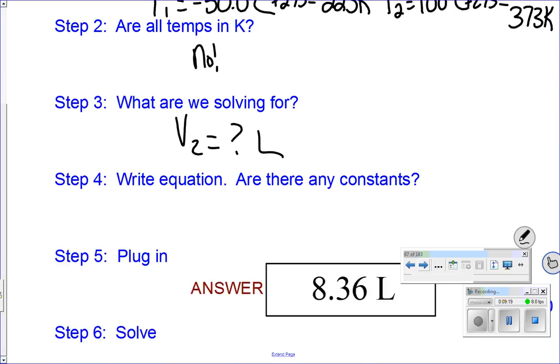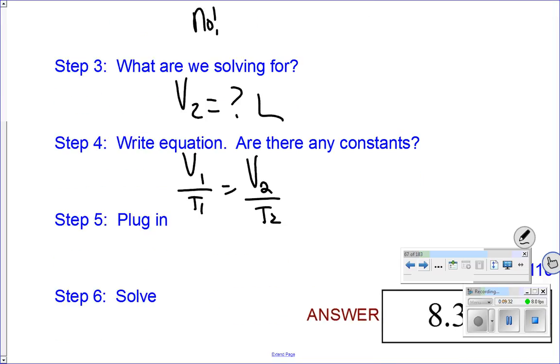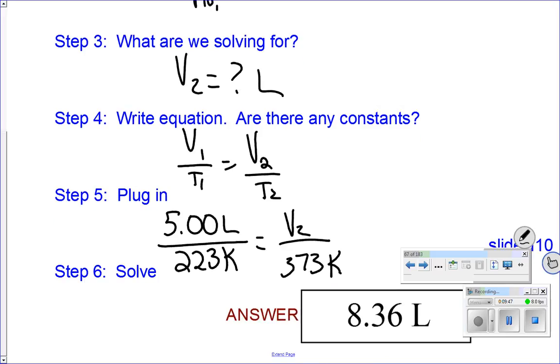In our equation, we are going to be able to cancel out our pressure, so this is just going to be V1 over T1 equals V2 over T2. When I plug in, I'm putting 5 liters over 223 Kelvin, and V2 over 373 Kelvin. Once you cross multiply and divide out, you should get 8.36.